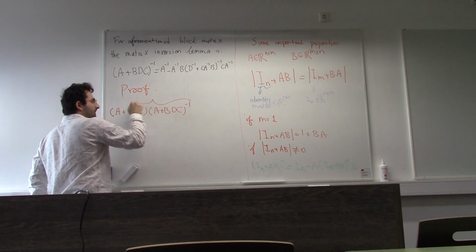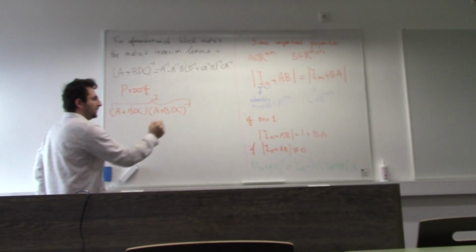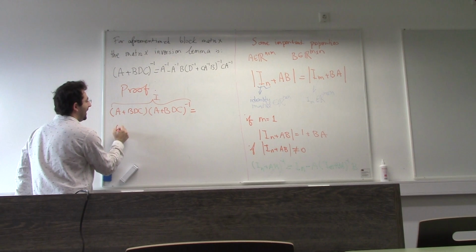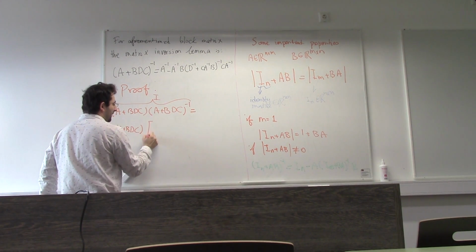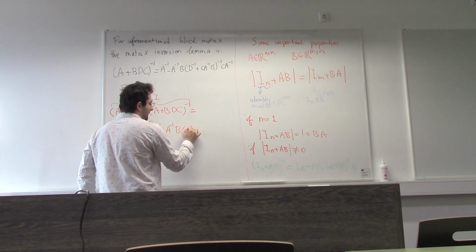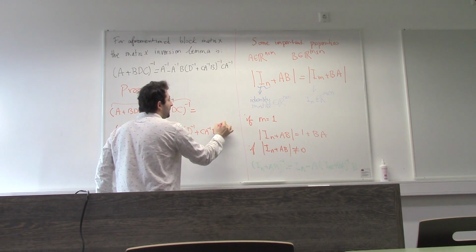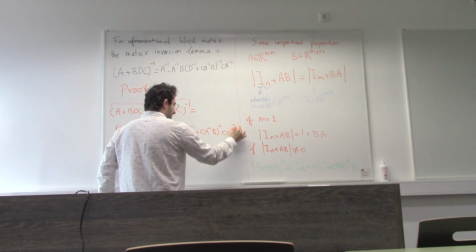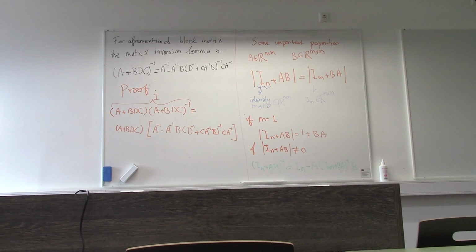What is this? This is I. So let's see if I have (A plus BDC) multiplied by (A inverse minus A inverse B (D inverse plus CA inverse B) inverse CA inverse) is I or not. It's pretty straightforward.